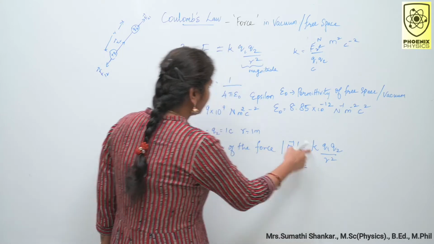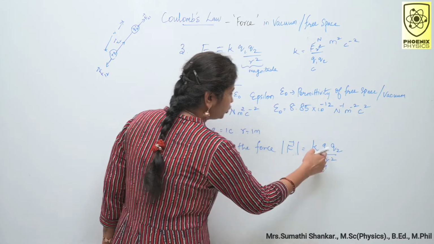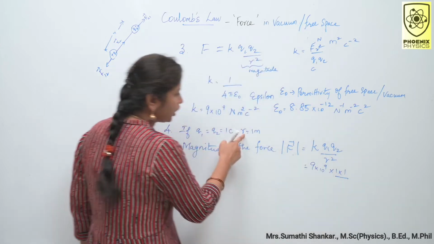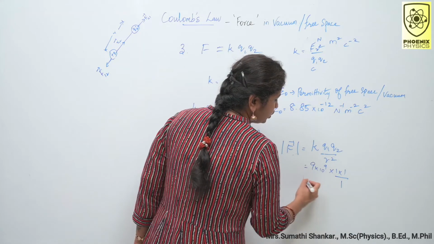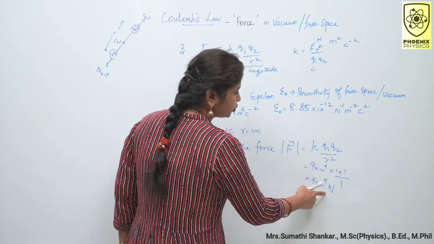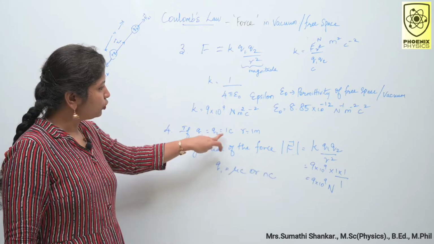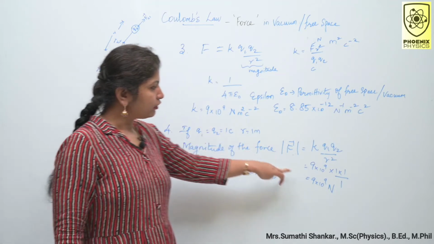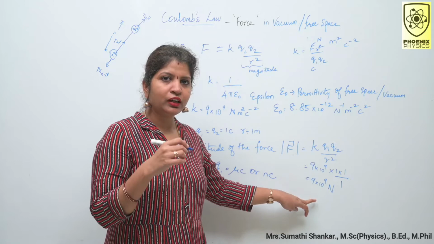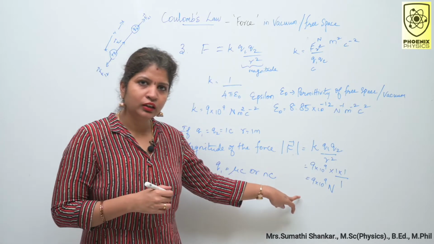Here you know the K value, 9 into 10 to the power of 9. And Q1 value you know, 1 coulomb. So 1 into 1 divided by R, which is equal to 1 meter. So 1. So your answer is 9 into 10 to the power of 9 Newton. Newton is the unit for force. So what is the conclusion here? If you take 1 coulomb, the F value is very large. That is why in our day-to-day life we take Q value in microcoulomb or nanocoulomb.